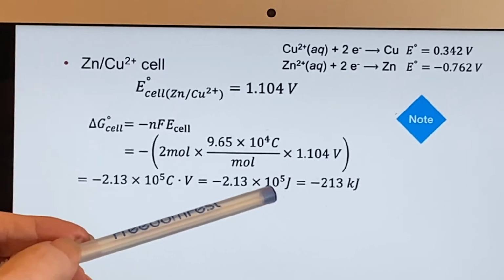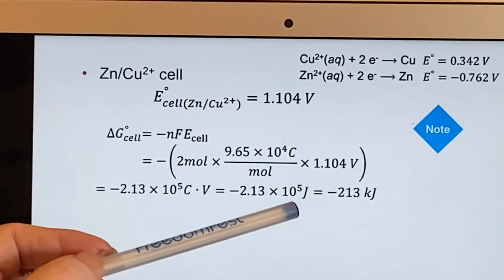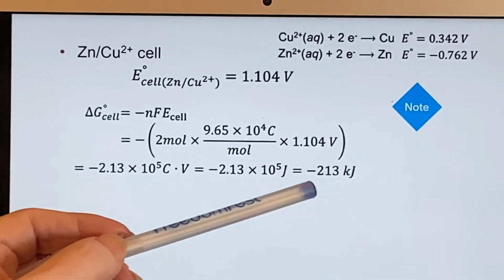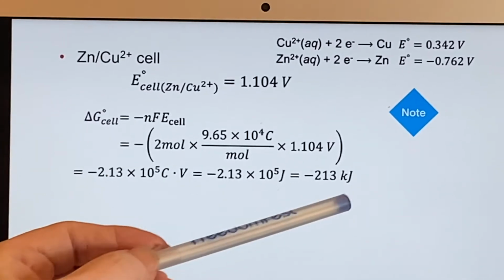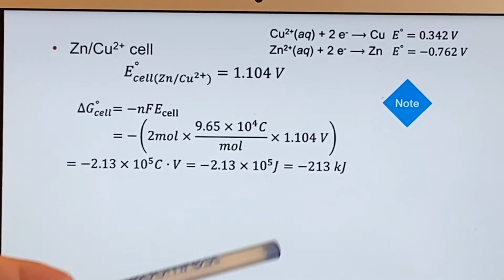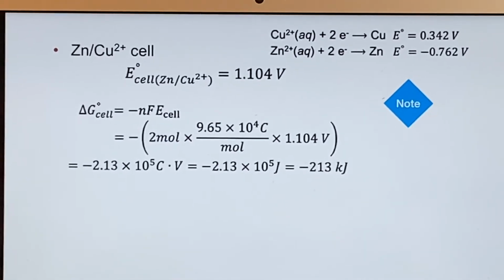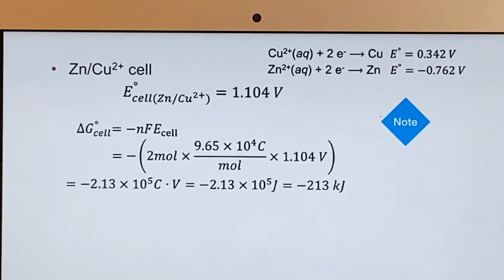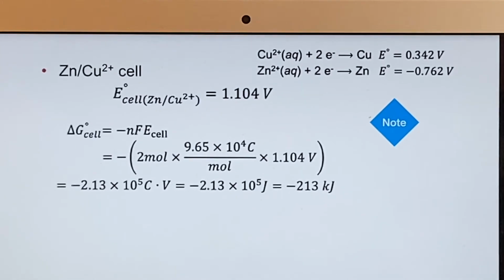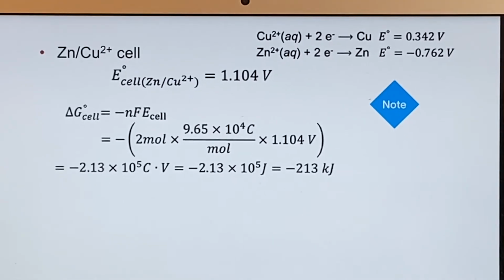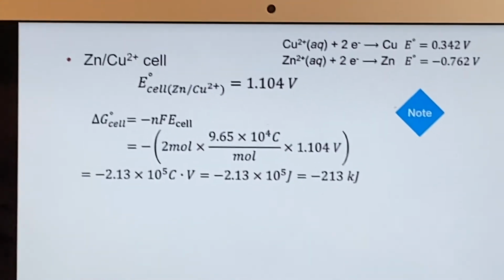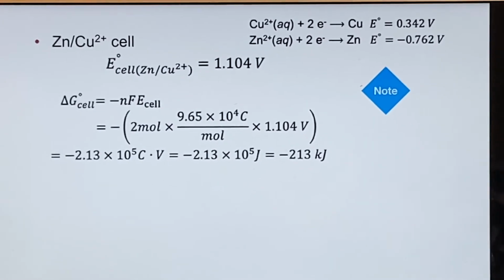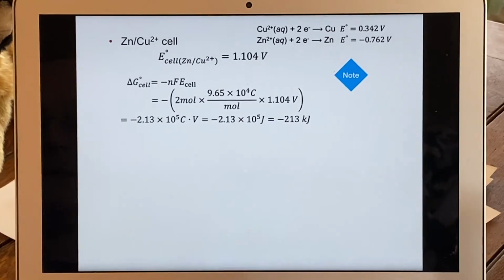Since I don't like using 10 to the 5th, I'll use the kilojoules that we typically do. So we can see that the Gibbs free energy is negative. And this is just like when we would throw the solid piece of zinc in the copper sulfate and it would just spontaneously occur. This is the sort of energy that we would be talking about occurring during that chemical reaction.